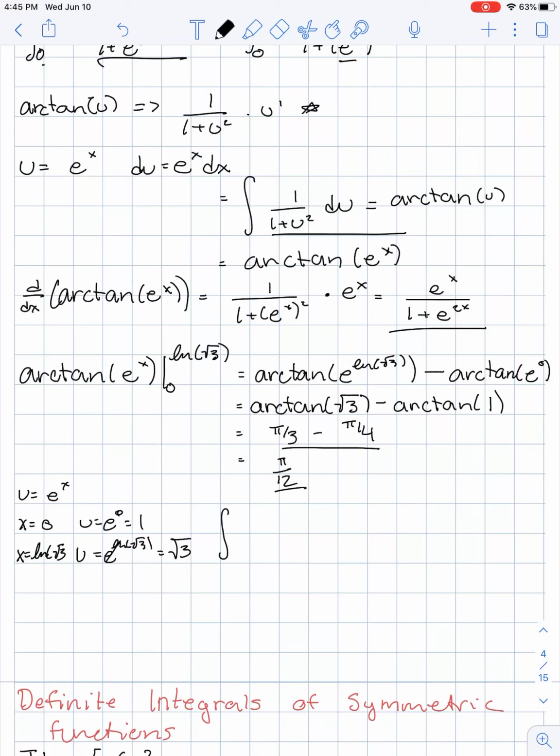So now I would work through this integral, but instead of going from 0 to ln of square root of 3, I'm going to go from 1 to root 3 of 1 over 1 plus u squared du. And then you would get to the same point. You would probably get to here instead of this line right above it. All right? So try that on your own and let me know if you need more help.